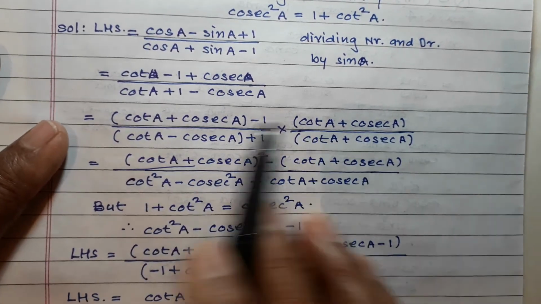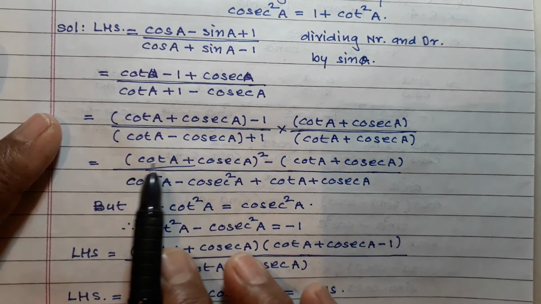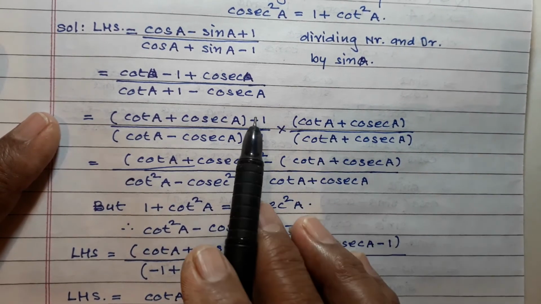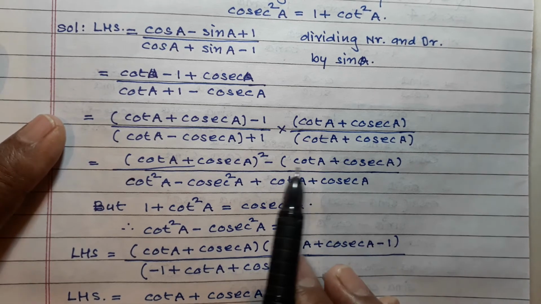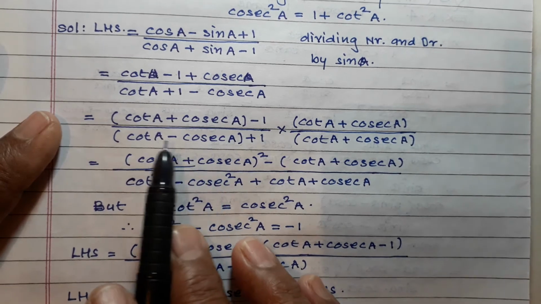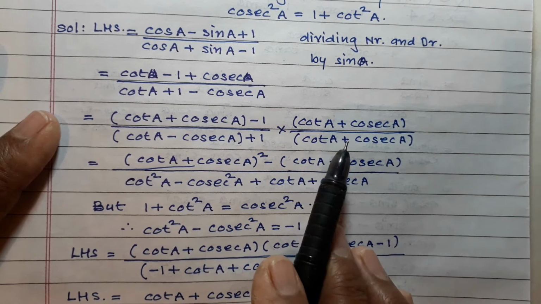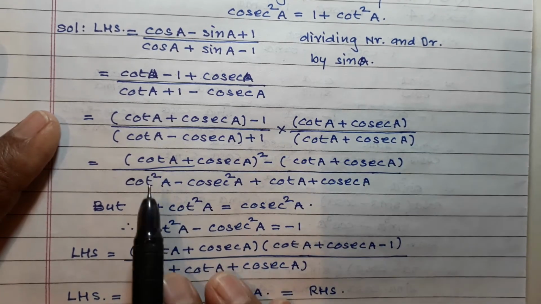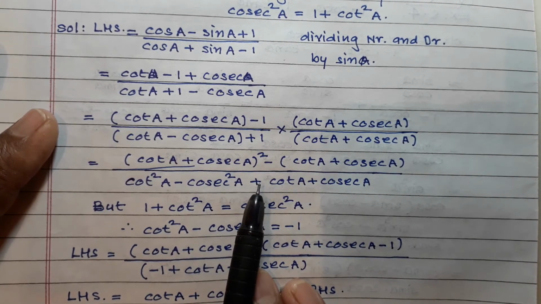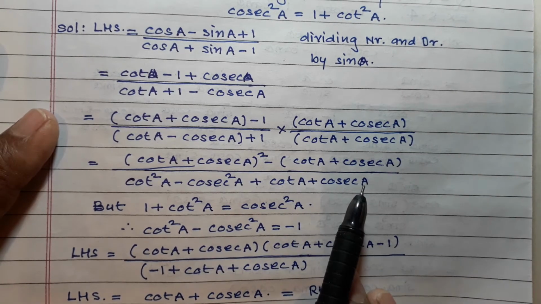So this into this is equal to cot A plus cosec A whole square minus 1, and this into this, the same bracket (cot A plus cosec A), is equal to cot square A minus cosec square A plus (cot A plus cosec A).